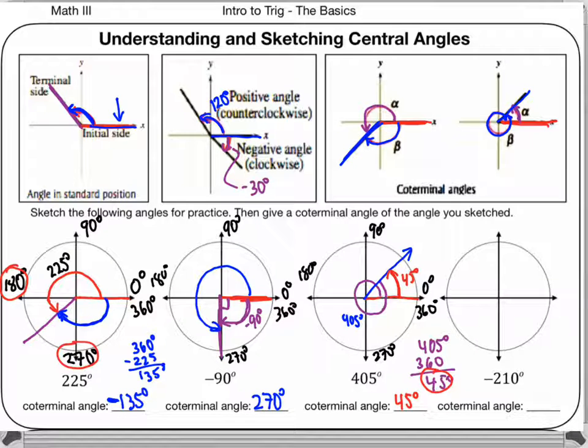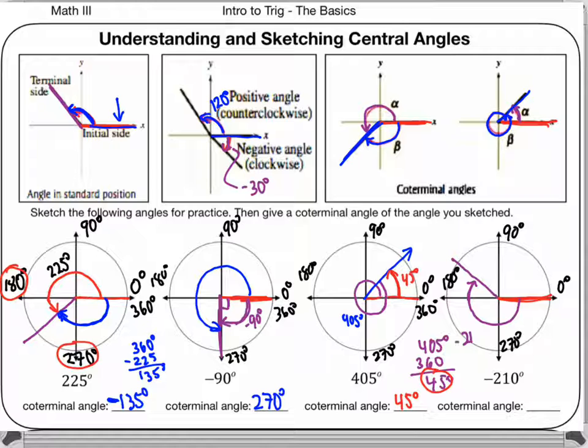So let me set up the angles here. Okay, so for this one, it's going in the negative direction. So we start here, and we're going to turn in this direction 180. So that's already 180, and what I want to do is go about 30 degrees more, and that's going to give me my negative 210.